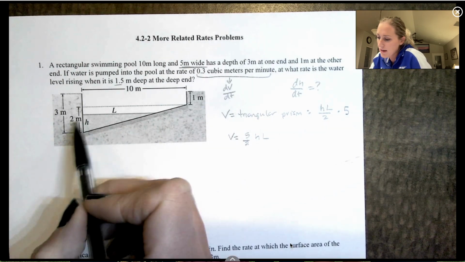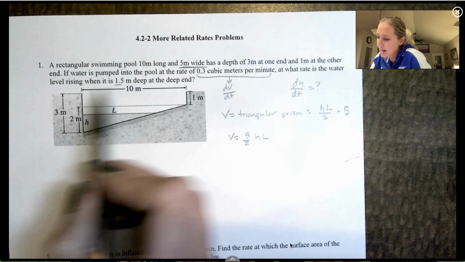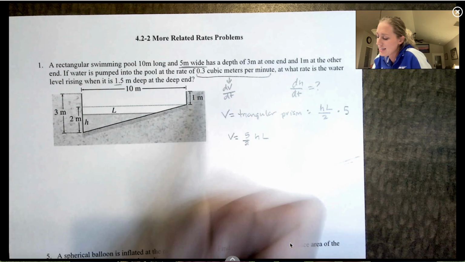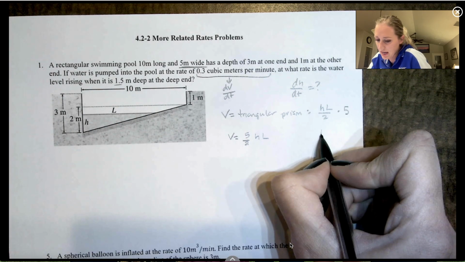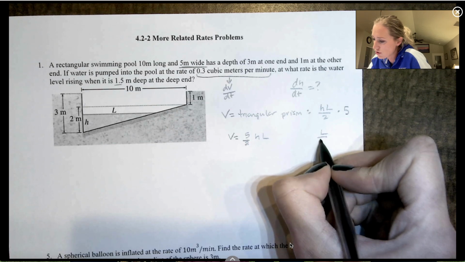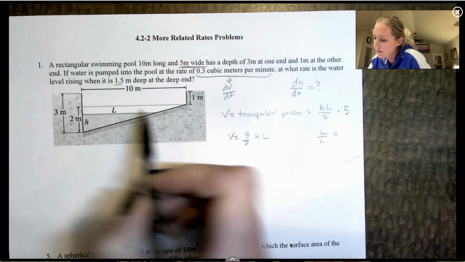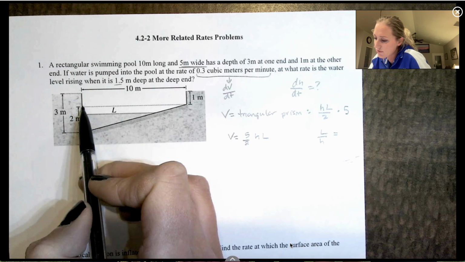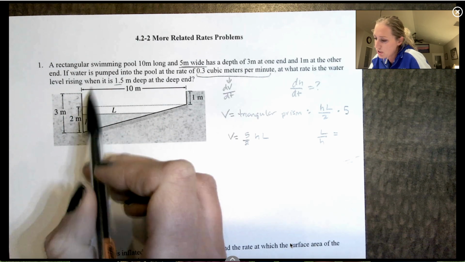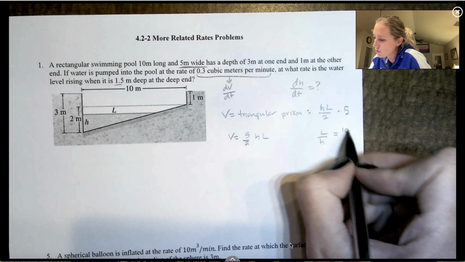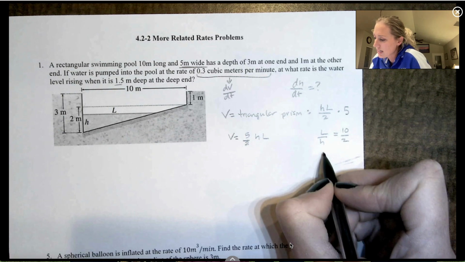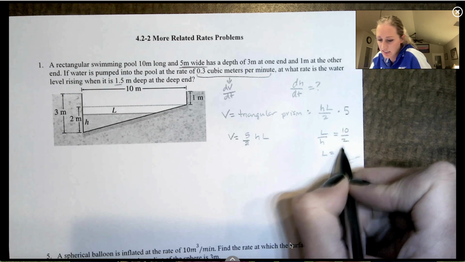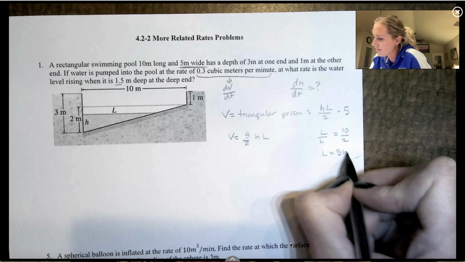We have initially that the L is 10. So I'm going to say L over H. The instant I'm given here, I have 10 and I have 2. That's the water level. So 10 over 2 is that ratio. So again, I can think of it as L is 10 over 2 or 5H.